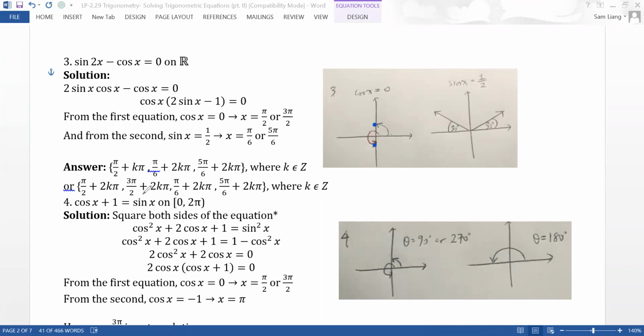Yes, Dorothea? So for problems that include tangent, do you prefer us to break it down into sine over cosine? You mean for solving, like the algebraic steps? Yeah. It all depends.